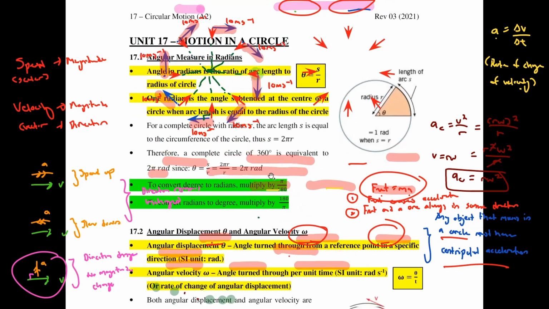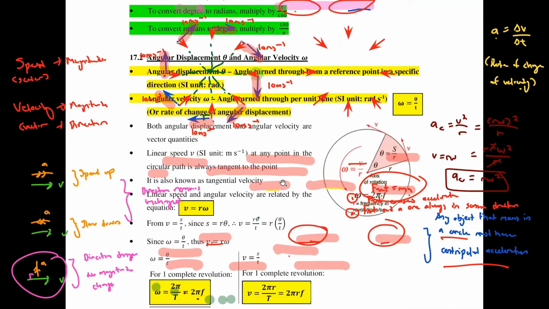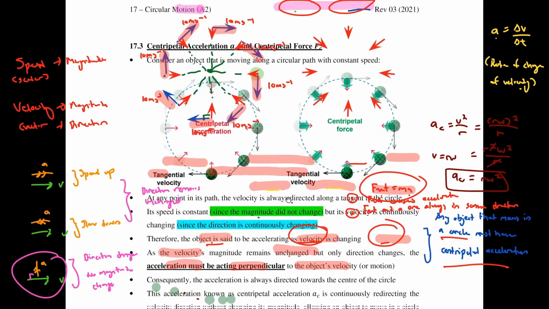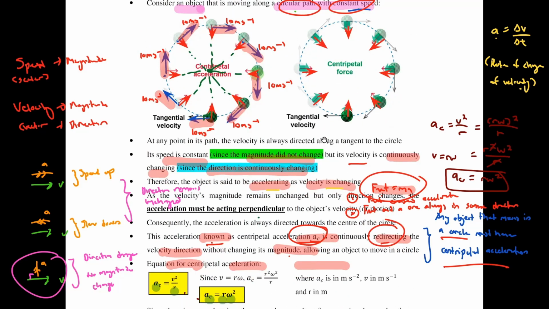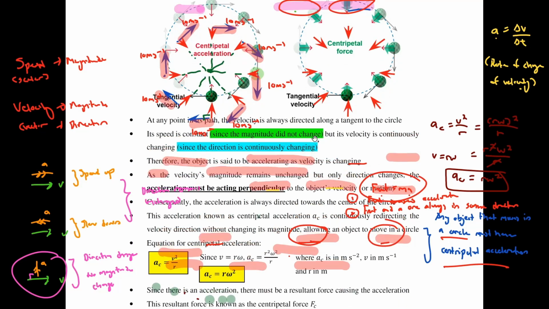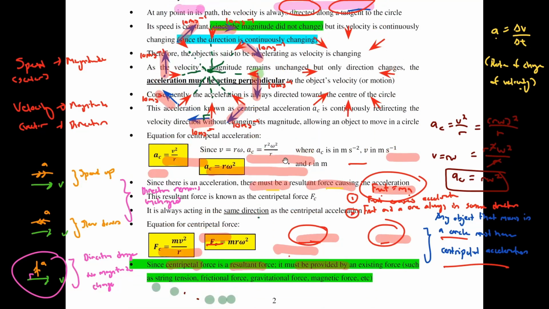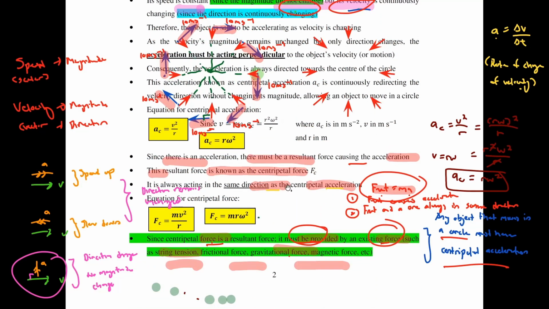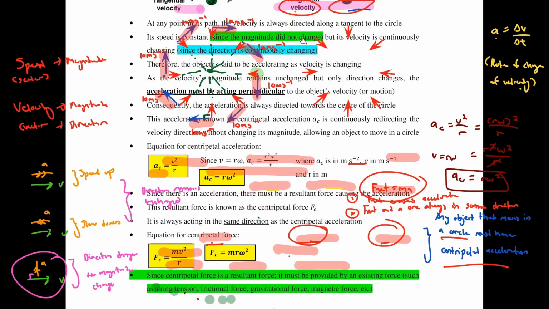And that's why it's also always perpendicular to your velocity. These two things, where we say that the force and acceleration are perpendicular to your velocity or always directed towards the center of the circle, you will make use of this knowledge in another chapter eventually, under magnetic field. So at the very least, just understand why it is like that first, because the state and explain questions in the other chapter will require you to know this.